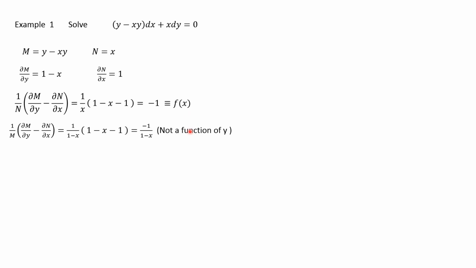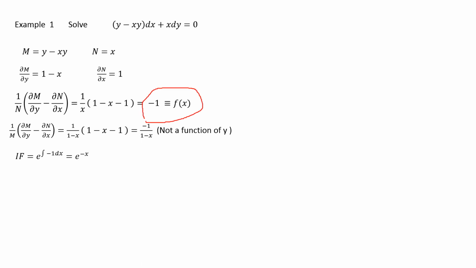Let's use the other formula, 1 over M times (M_y minus N_x). This is the same as 1 over (y minus xy) times (1 minus x minus 1), which is negative 1 over 1 minus x. This is not a function of y, so we cannot compute any integrating factor here. So the only thing that we will use is this one.